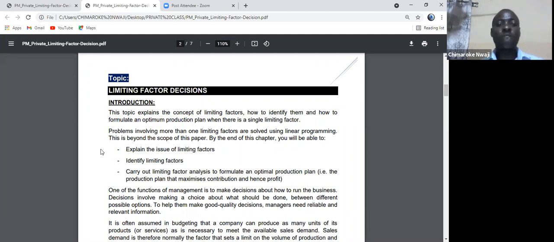You're also going to identify limiting factors. So it means that if there are certain things that are tending to limit your attainment of your production plan, you are going to identify the limiting factor.